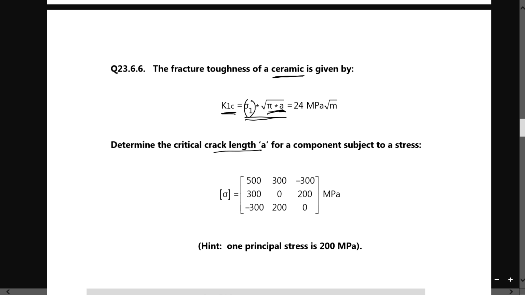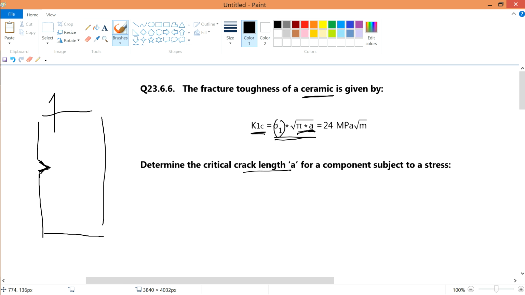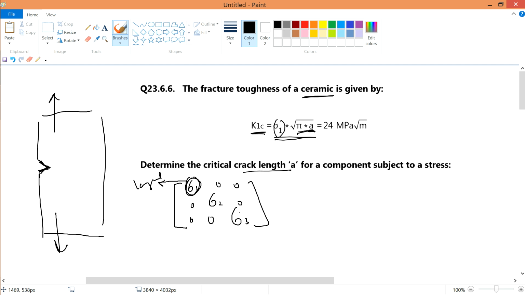Meaning fracture toughness is simply a certain stress, sigma 1, the greatest of the principal stresses, if you remember. This is the largest stress you could get. This is the lowest stress you can get, and this one is a tensile stress, and this is the compressive stress, and sigma 2 is simply the in between.